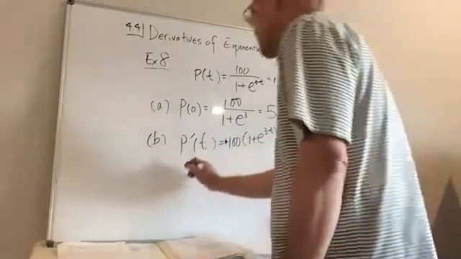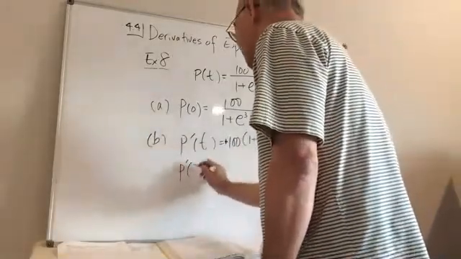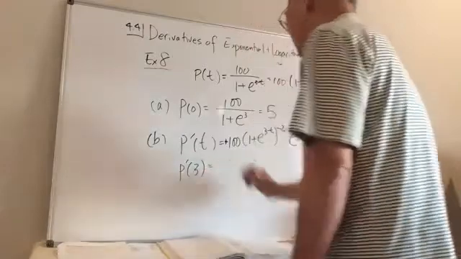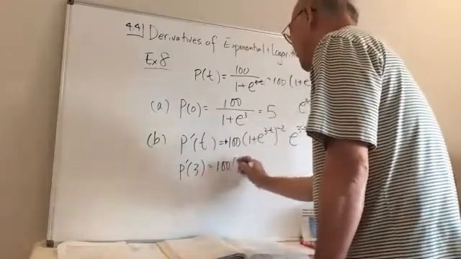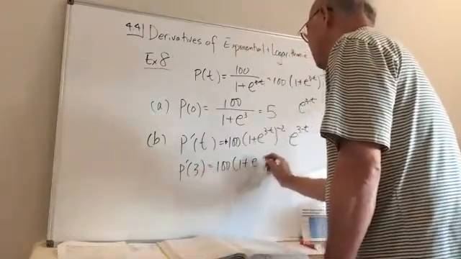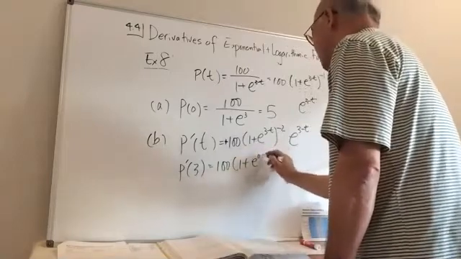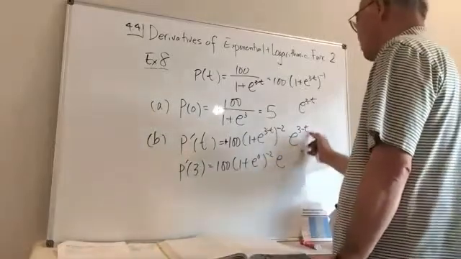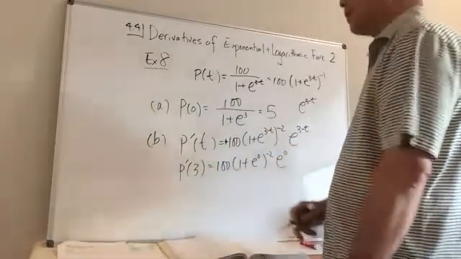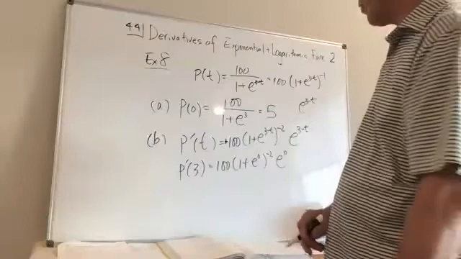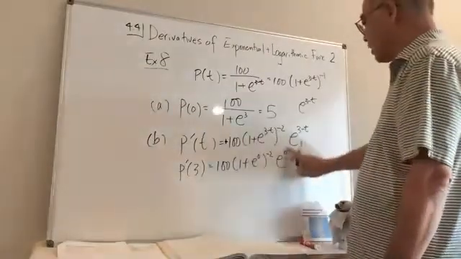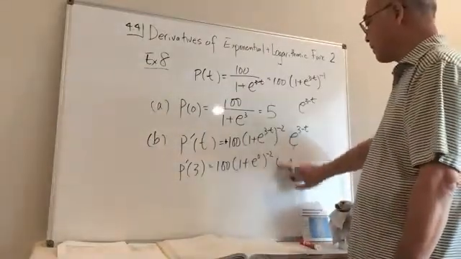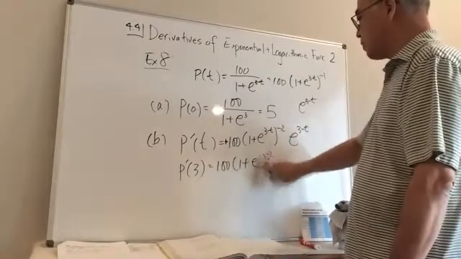So let's put in t equal to 3 for P prime. I'm going to get 100 times e to the 0 over (1 plus e to the 0) to the 2. When t is equal to 3, this is 0 again, and e to the 0 is nothing more than 1.